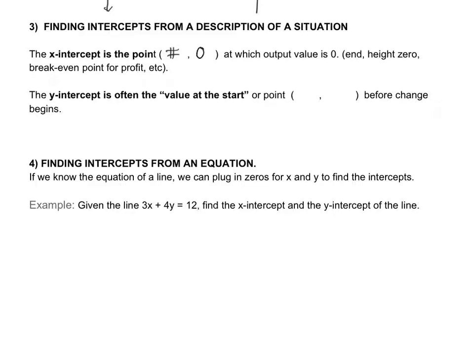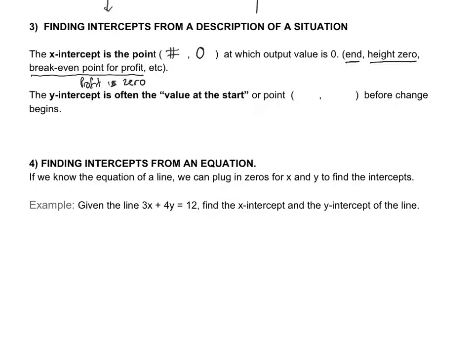So the output value is 0. Sometimes in a problem that's described as the end, or when is the height 0, or when is the break-even point for the profit. Because remember, break-even point for profit would mean that profit is 0.